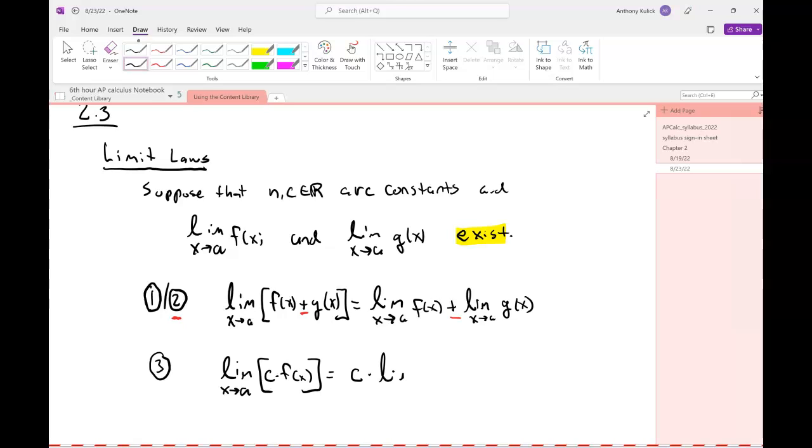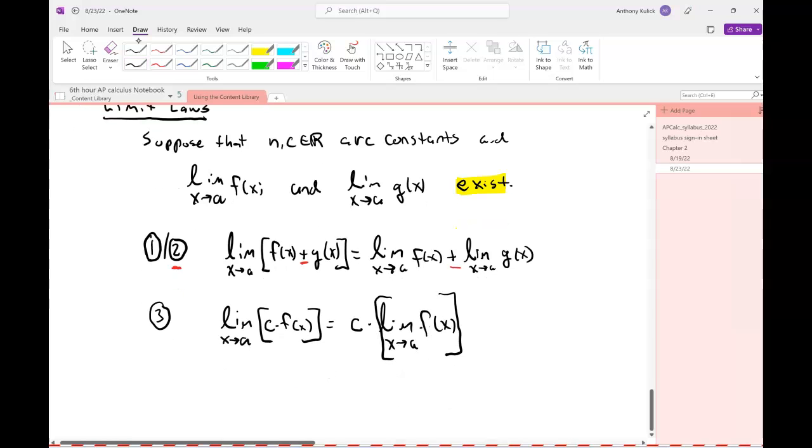What we can do is pull that constant out front of the limit, which is nice because now we've made the limit on the inside simpler, right? So if I want to do the limit as x approaches 7 of 2x, I can just do the limit as x approaches 7 of x and then multiply the answer by 2, right? It just allows me to make things a little bit simpler.